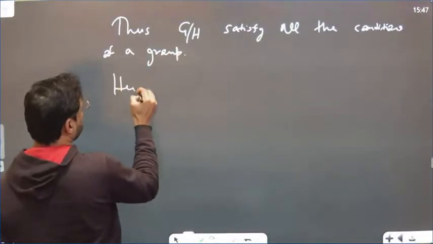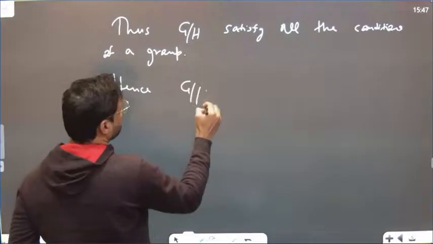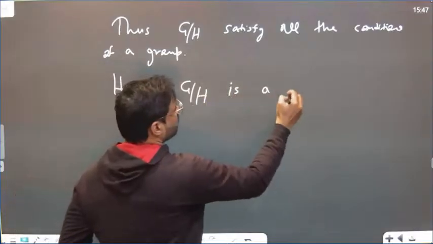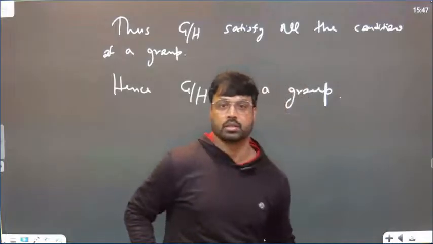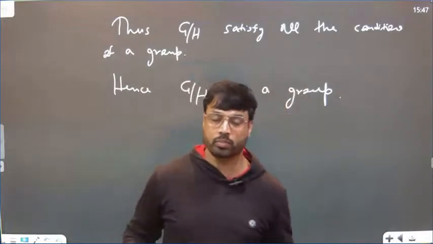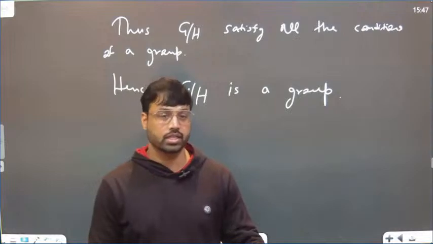Hence G by H is a group with the given binary operation, and this group is called the quotient group.